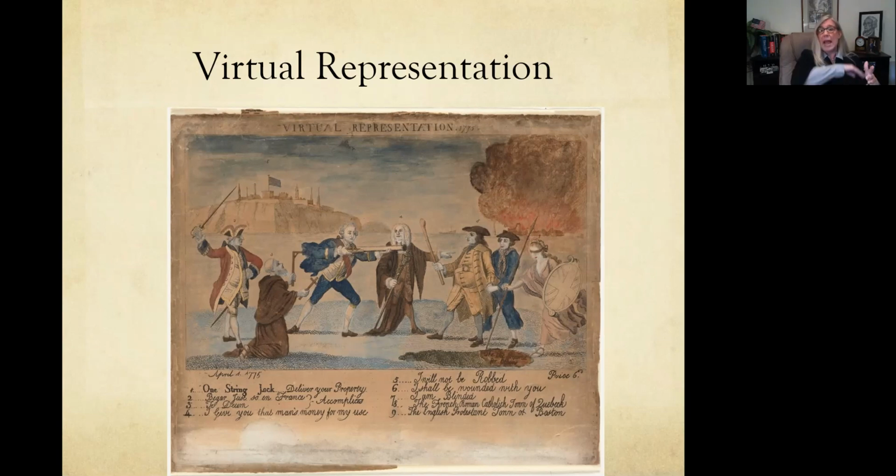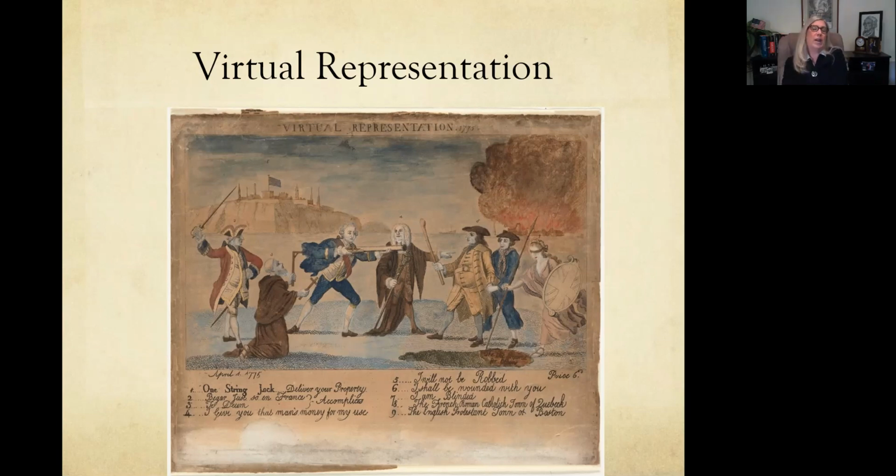They were representing everybody. So they're saying that all of the members of Parliament represent all of the interests of all of the colonies. How many of those people in Parliament do you think had ever actually been to North America? Very few. Okay, so they don't understand the issues of the frontier. They don't understand the issues of colonial trade and in those cities. So this was probably not the best solution.